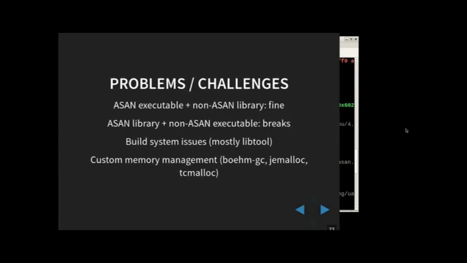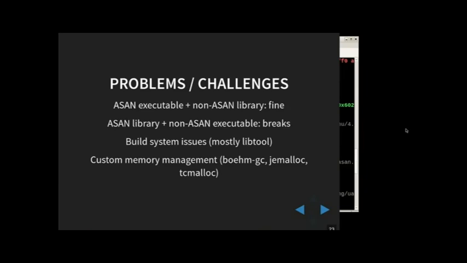There were some challenges with it. The one thing with Address Sanitizer is you can use an executable with Address Sanitizer with a normal library that's not using Address Sanitizer. But if you do it the other way around, it does not work.